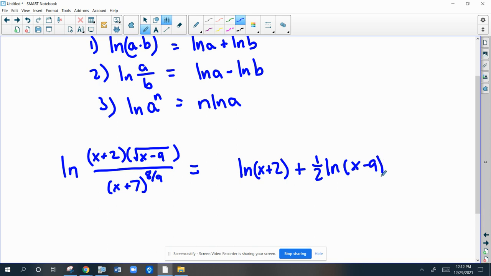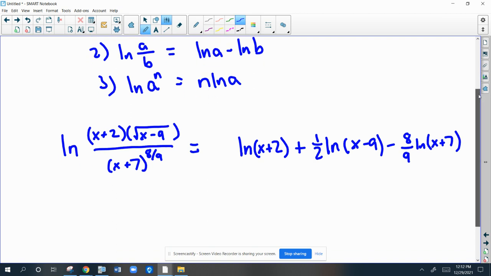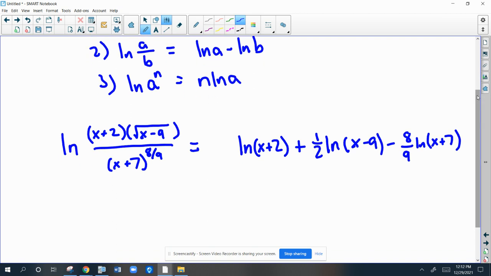And then the bottom is a minus, and the 8/9 is the exponent that comes down: natural log of x plus 7. And that's it. One thing I like to say, though, is remember that whatever's on the bottom is always going to be negative, because that negative would be distributed in the first place.